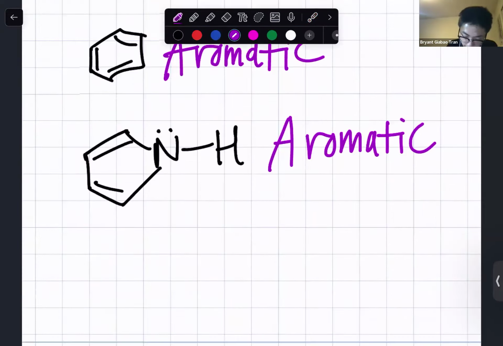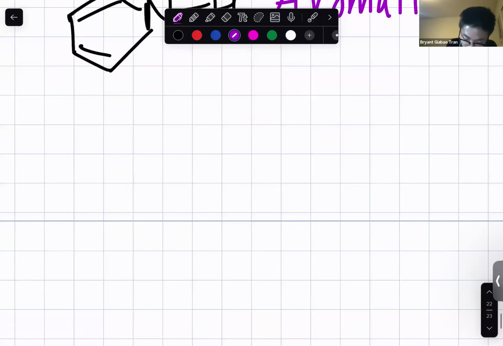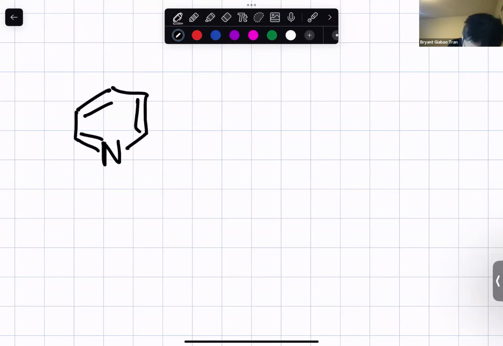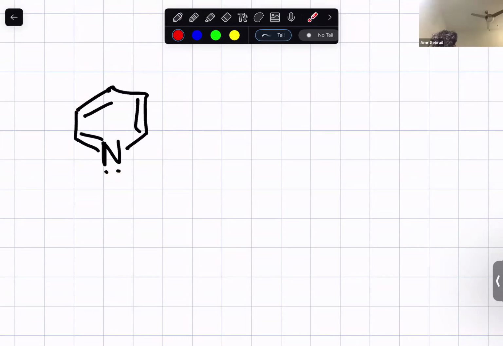Let me give you the tricky example that professors like to give sometimes. Let's say we have this structure here. You notice how this is cyclic, this is planar, and this is fully conjugated.